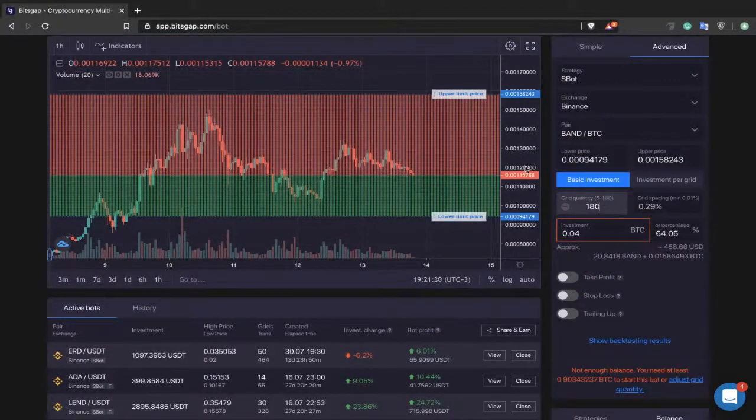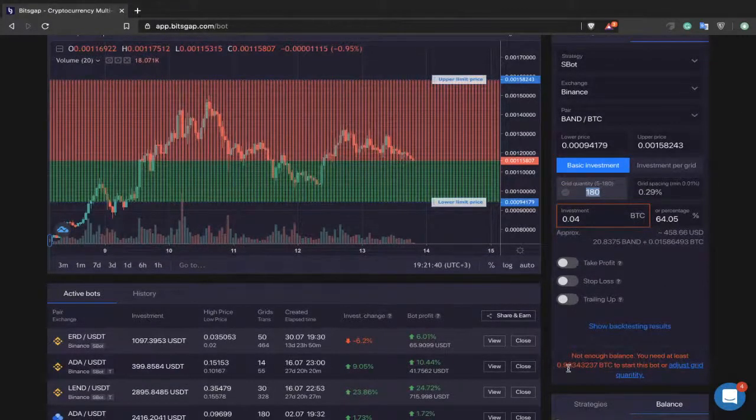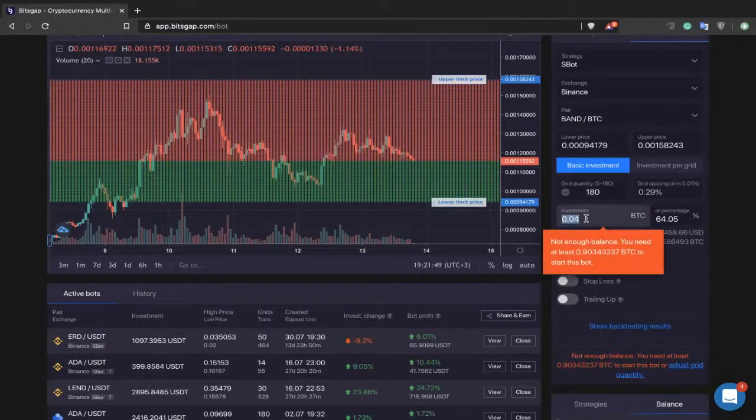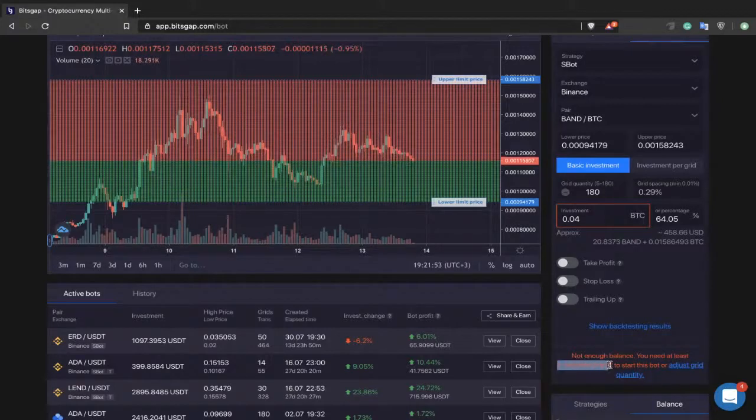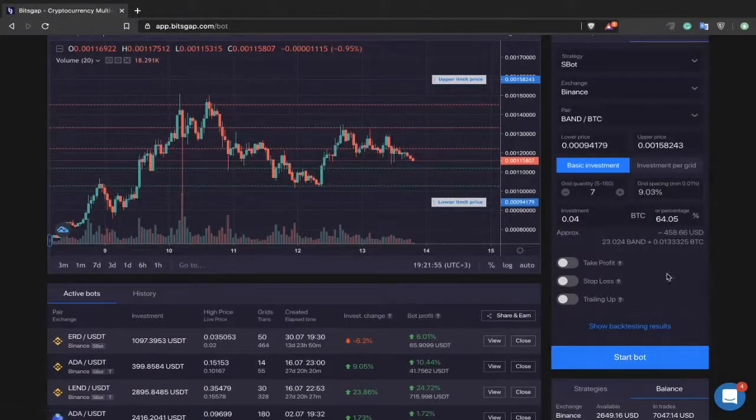And you see that in order to launch this bot with a total amount of 180 grid levels, I must either have this amount of Bitcoins or I have to adjust the grid quantity so that I would be able to launch this bot with this investment allocation. So as I don't have this amount right now, I will adjust the grid quantity.